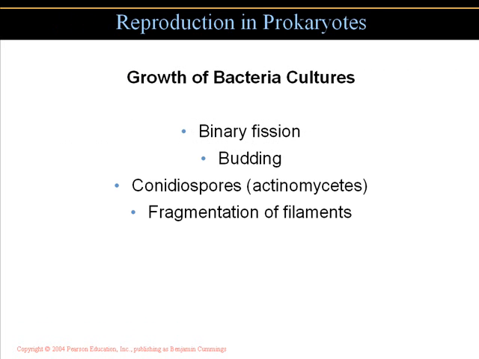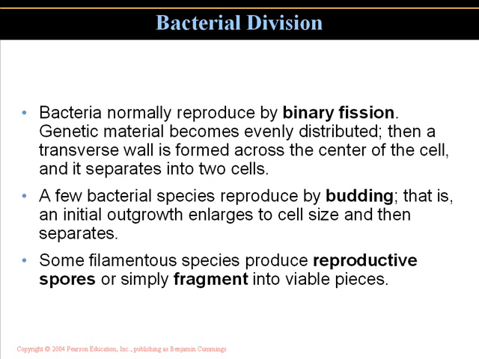For the reproduction of more primitive cells, such as the prokaryotes, you can use a growth of a bacterial culture. You can also see in the growth phase they reproduce by different methods: binary fission, budding, conidiospores, and fragmentation of filaments are various ways that we see reproduction take place in more primitive prokaryotic cells.